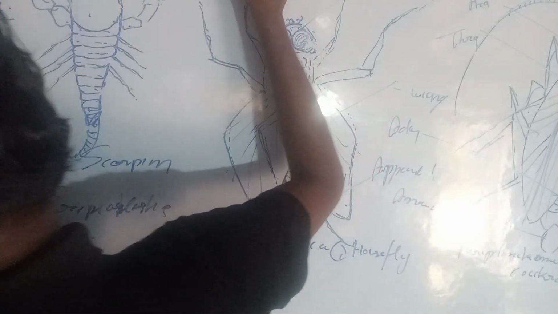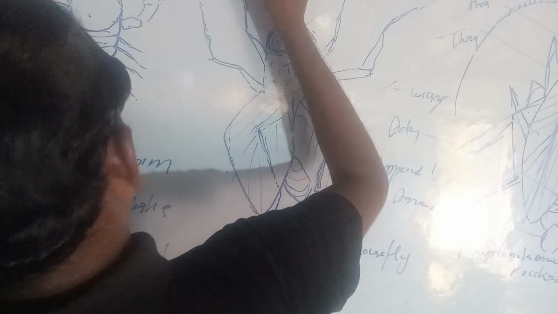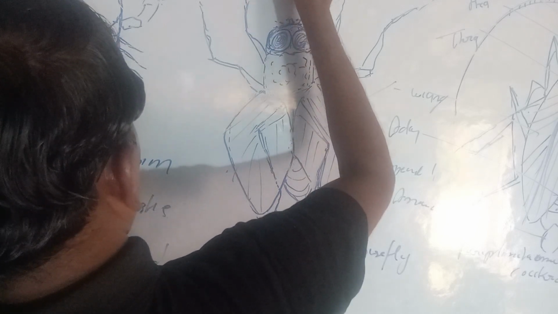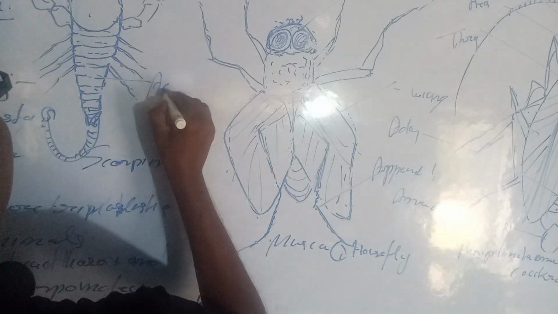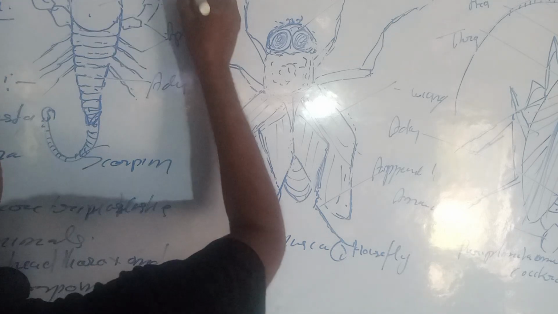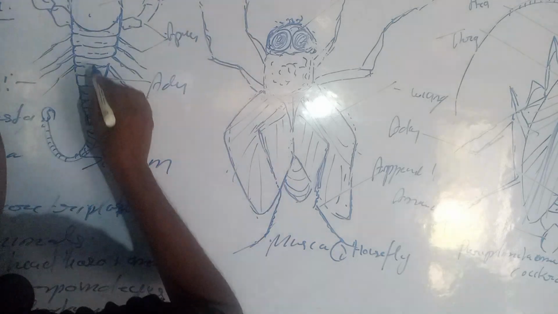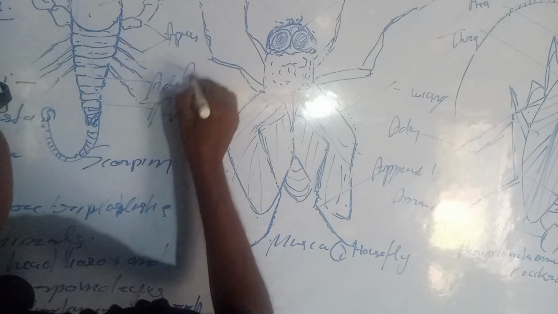You will also see parapodia, and that it's an antenna, and also we can say that the pedipalp is available here, and its abdominal parts, and these are the appendages. Head is here, thorax is here, and abdomen is here.